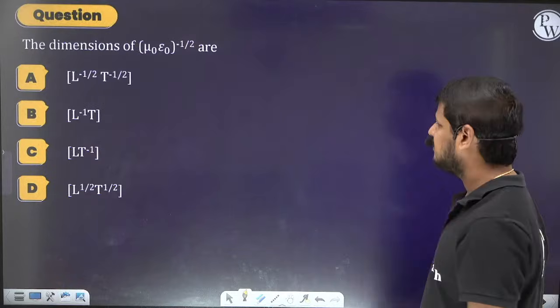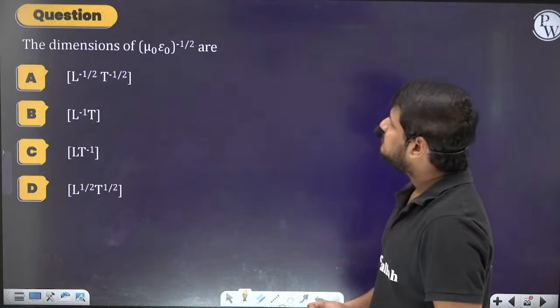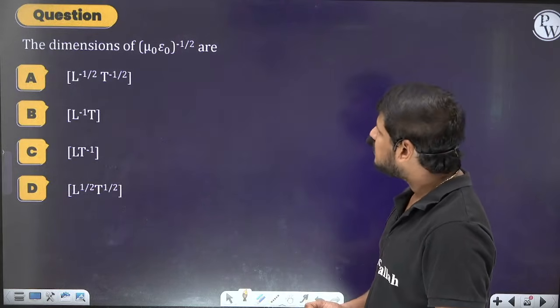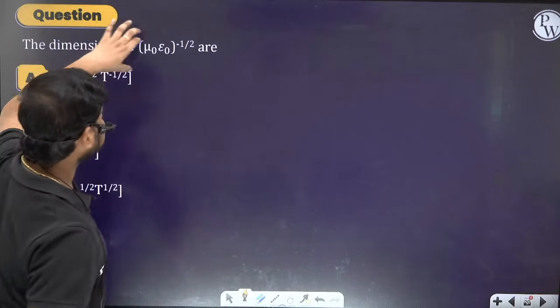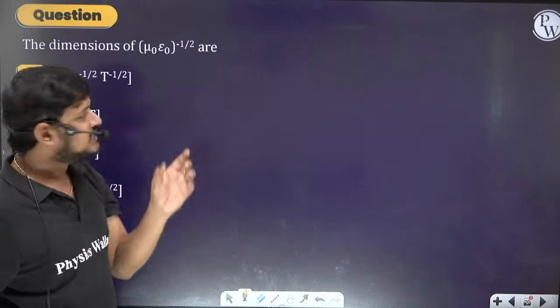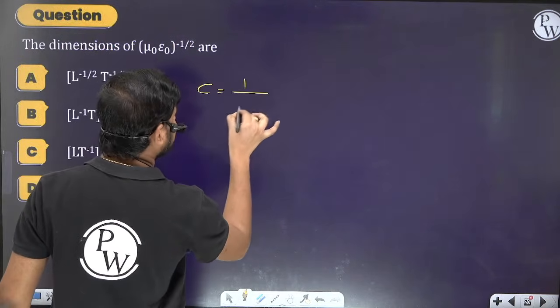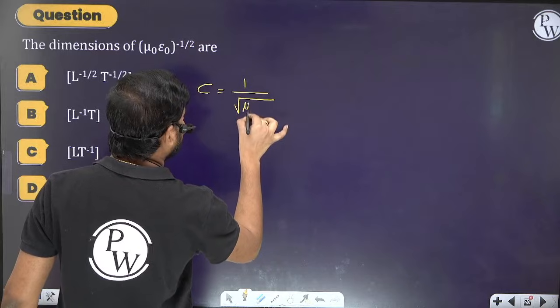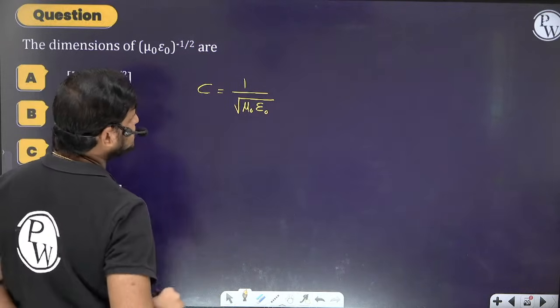Next question. So the dimensions of mu naught epsilon naught power minus 1 by 2. See, to solve such kind of questions, we can use the formulas. In electromagnetic waves, we get this formula: C is equal to 1 by root of mu naught into epsilon naught, where C is the speed of light.